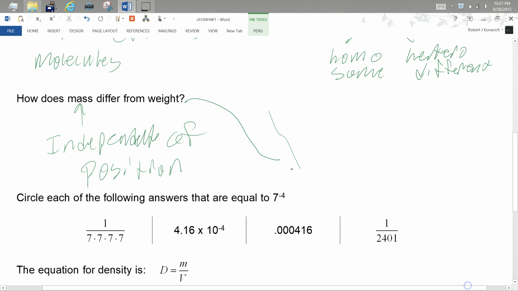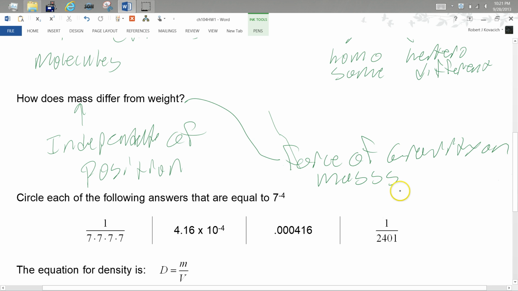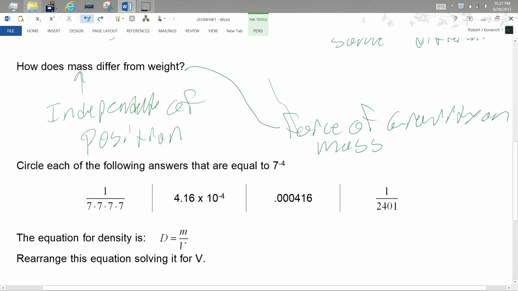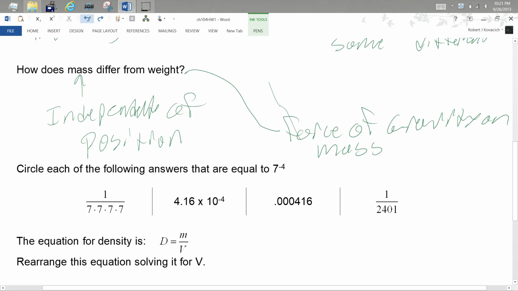And weight is force of gravity on mass. So you can see if you're closer to a gravitational body that you would end up having more weight.